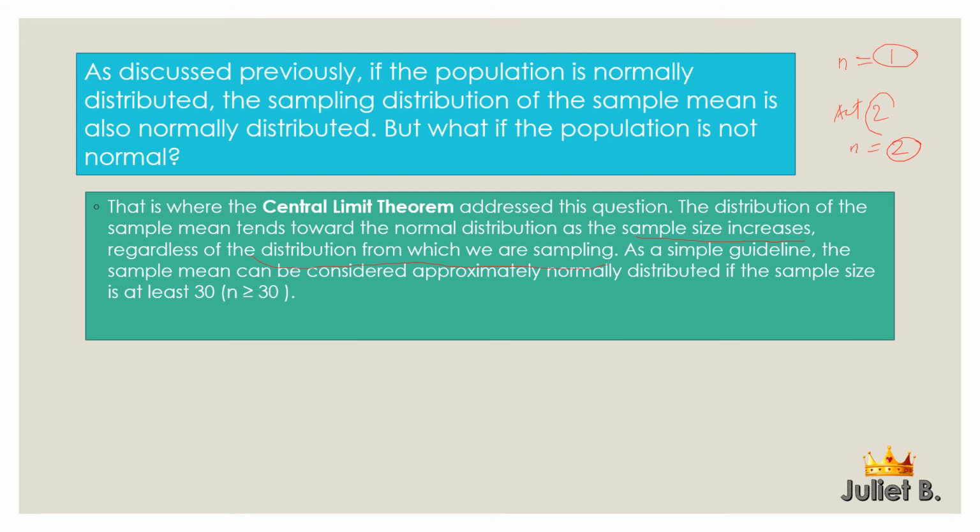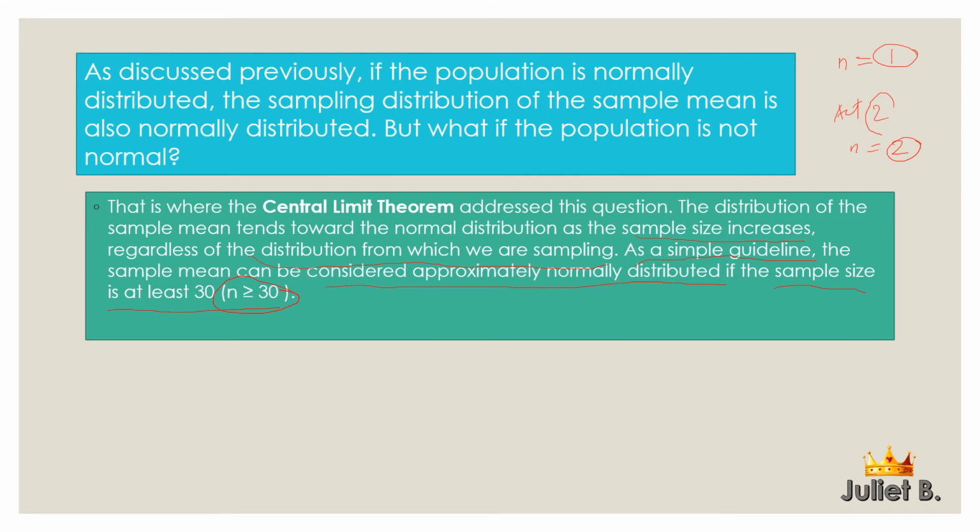At the same time, as a simple guideline, the sample mean can be considered approximately normally distributed if the sample size is at least 30, or N is greater than or equal to 30.